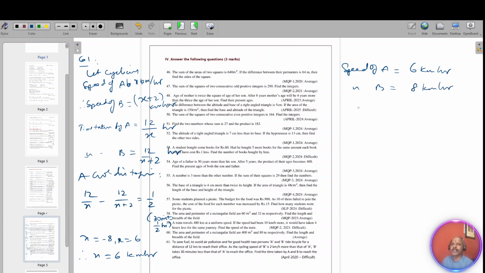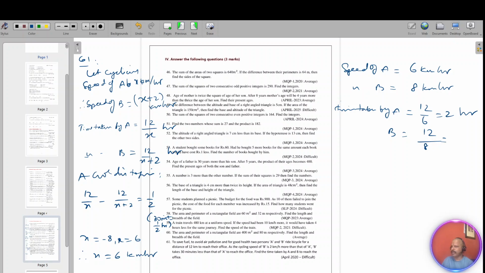Now time is how much? Time taken by A is distance by speed. Distance is 12 kilometer. 12 by 6 is 2 hour. Similarly, for B it is 12 by 8.